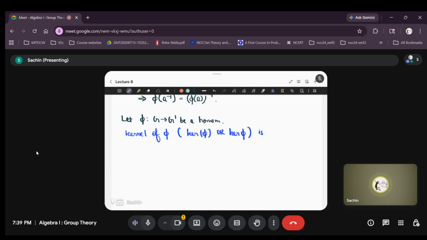This is defined as the set of all elements in the domain, that is, the set of all A in G, such that their image phi of A is the identity element of the codomain G prime. Since it is a set of elements from G, this is a subset of G.